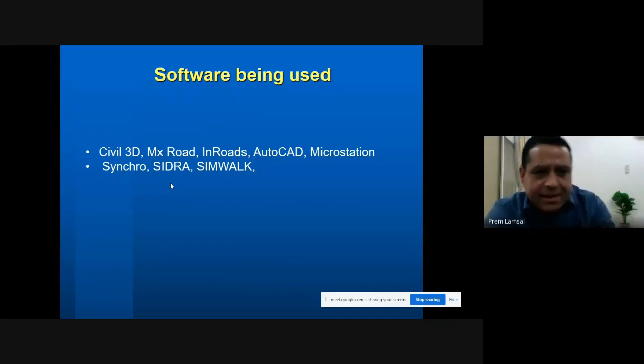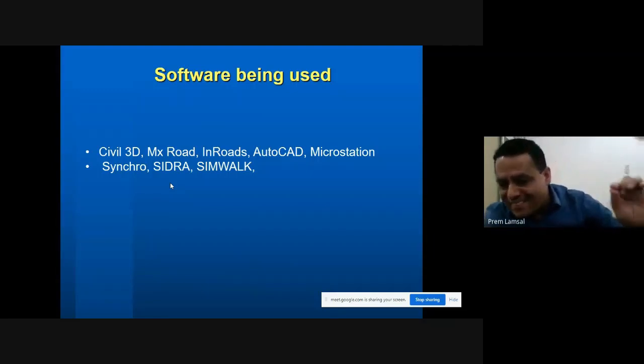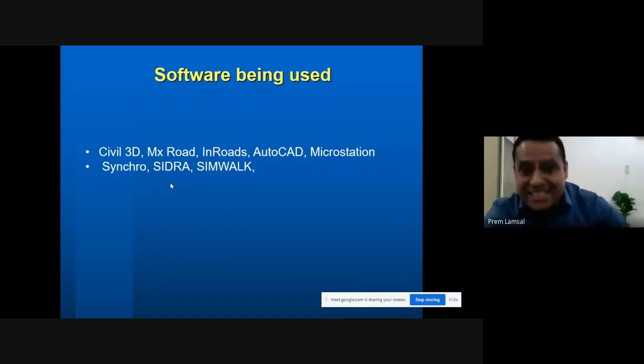I need to write a technical note and submit it to the authority. Then only they will accept my design, if the reason is valid. That's how we design, and for that purpose the design standards and guidelines are very, very important.